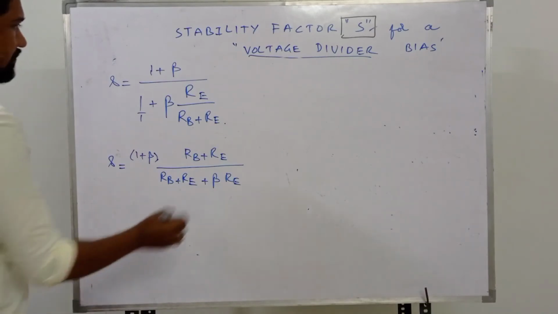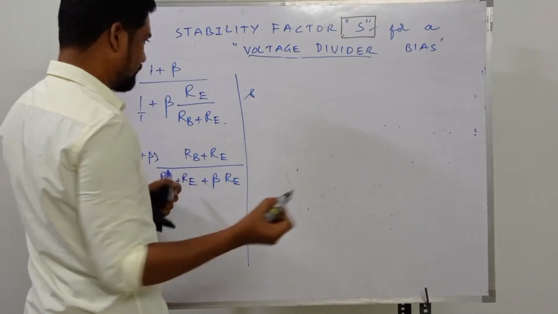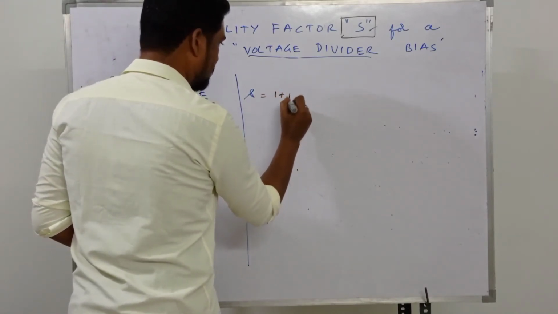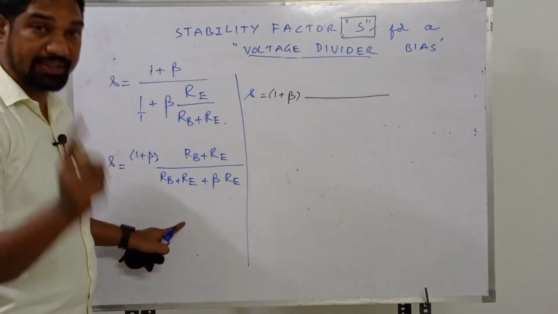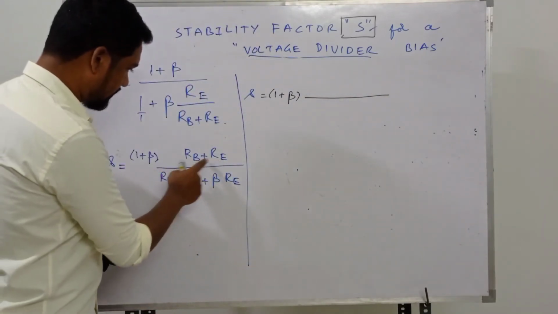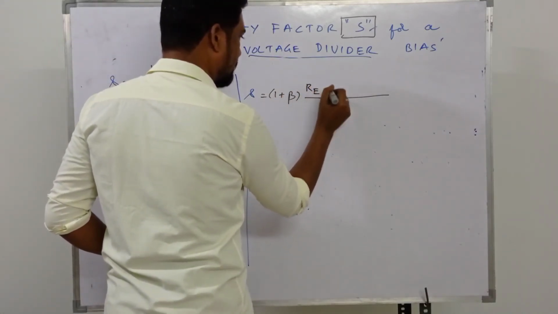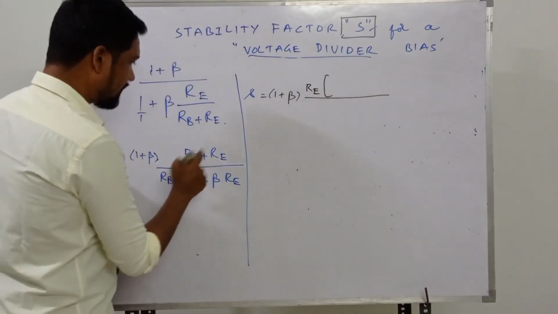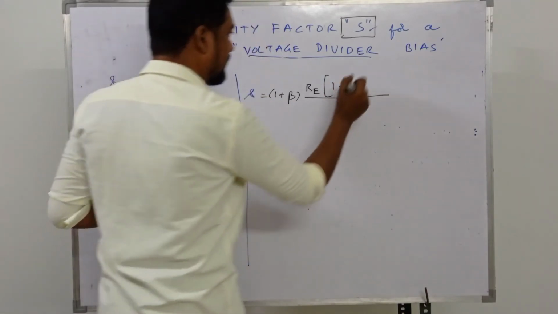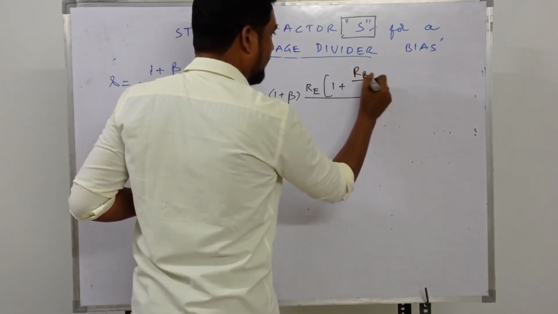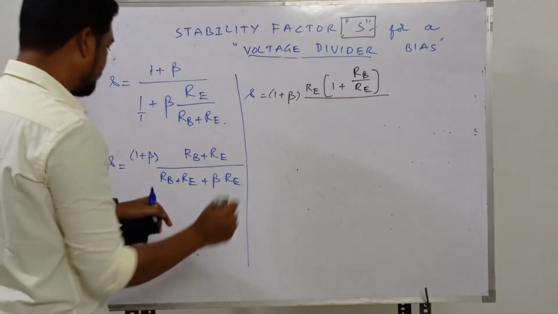So guys, what if we take S, okay, I'll change the color for you to understand, 1 plus beta as it is, and RE as common from all the terms. What do we have? It's 1 plus, 1 from here, RB by RE from here, and what else?